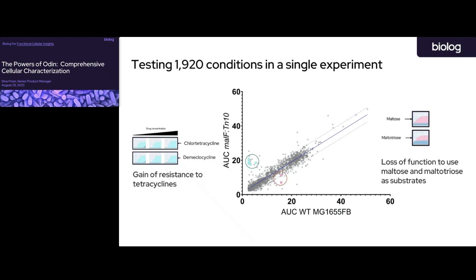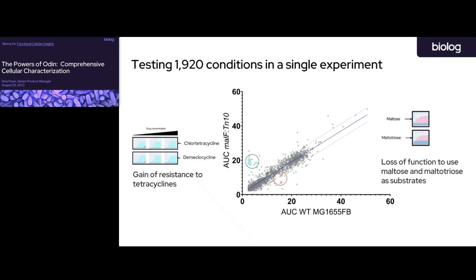So if you didn't know what to expect in terms of what genetic differences had been made, either intentionally or maybe through random mutagenesis, for example, this is a very fast way to screen through many conditions at once and quickly identify significant differences between any pair of strains.